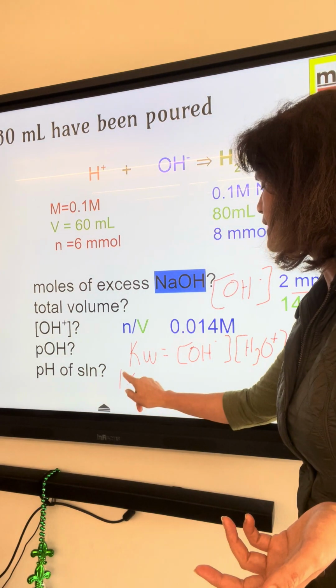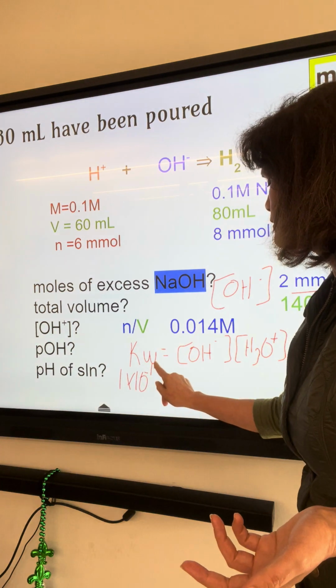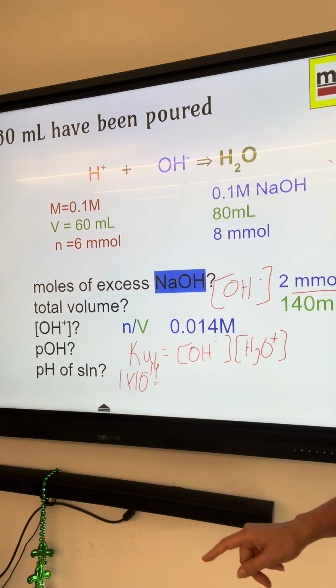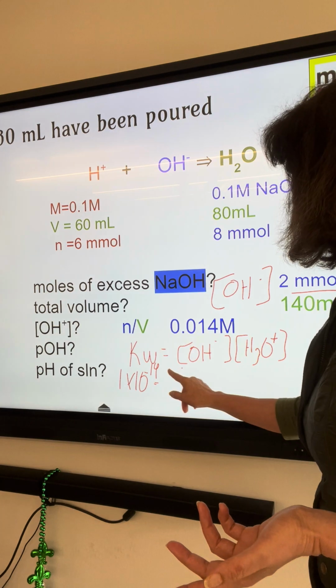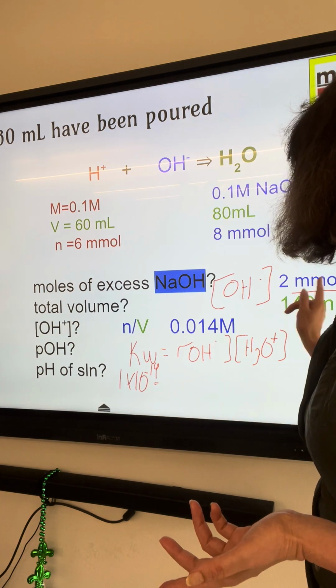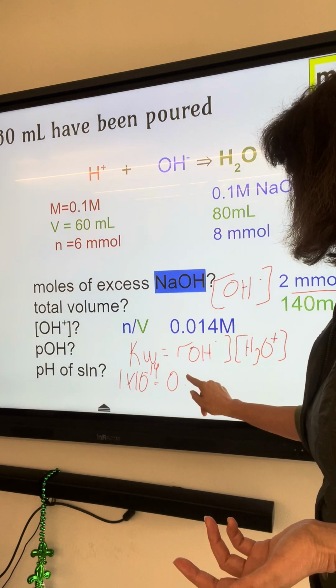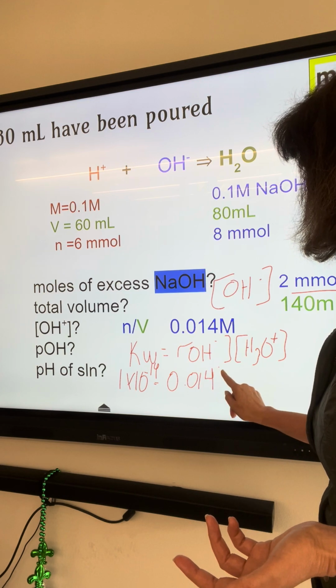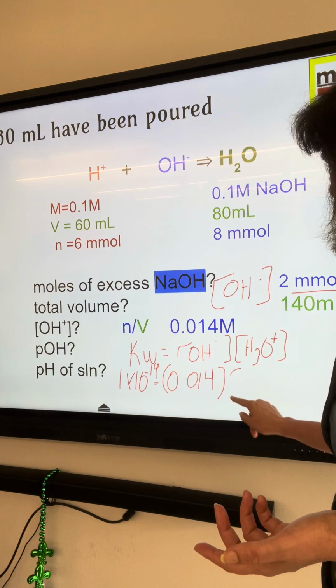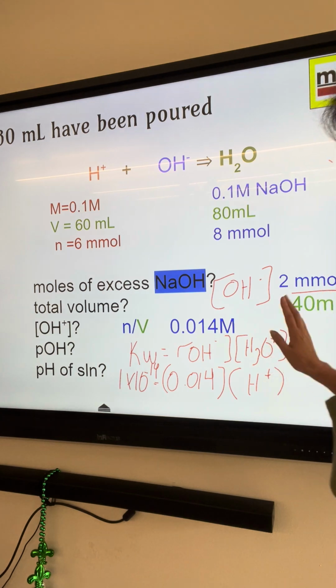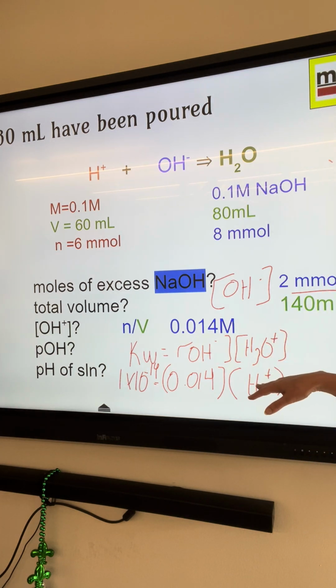So 1 times 10 to the negative 14. Do you recognize this formula? Is the OH minus, which I just discovered to be 0.014, times H plus, or H3O plus. I can find my H plus and then get the pH straight. Does that make sense?